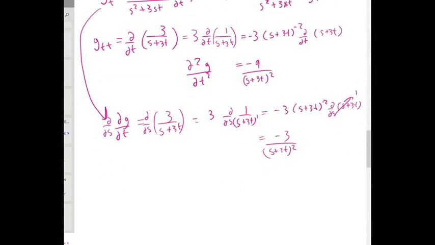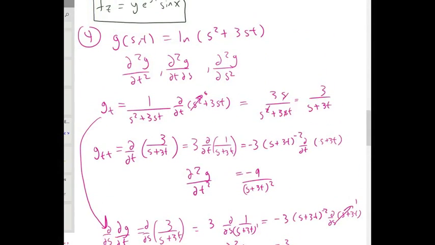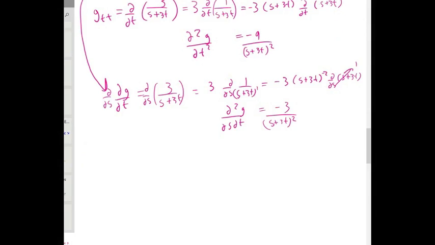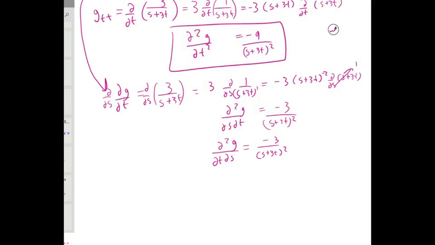So this is d squared g ds dt, but since we're looking for dt ds, we can remember that these mixed derivatives are equal no matter what the order of taking partial derivatives is. So that's the box of answers here.